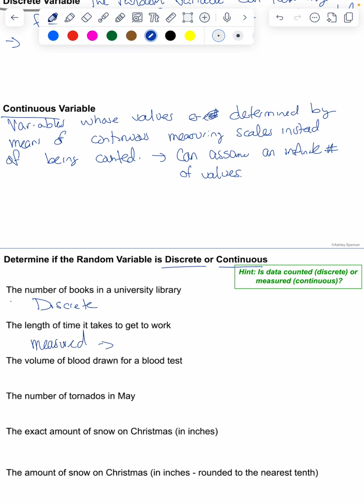So this is going to be continuous. The volume of blood drawn for a blood test. You won't be able to count this until you actually measure it. So this is going to be continuous. The number of tornadoes in May, that's going to be discrete.